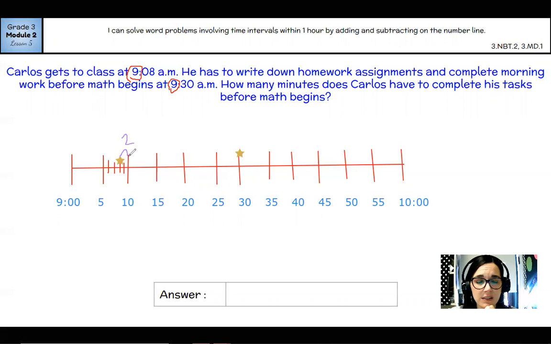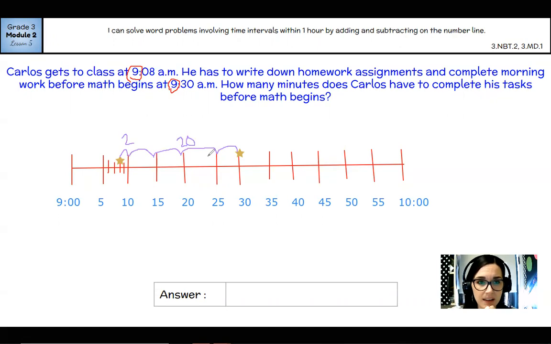Now here's where it gets a little easier. I can just go jumps of 5 here because I know that each one of these lines represents an interval of 5. So I can go 5, 10, 15, 20. So these jumps made 20 minutes.